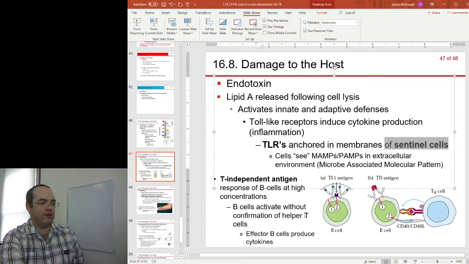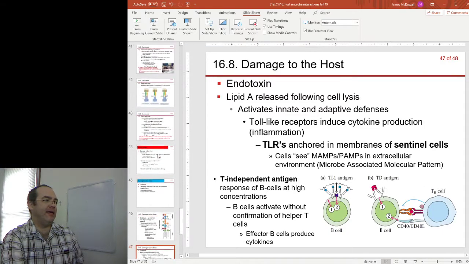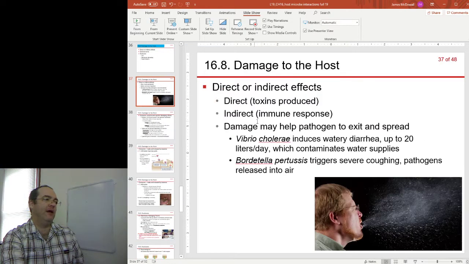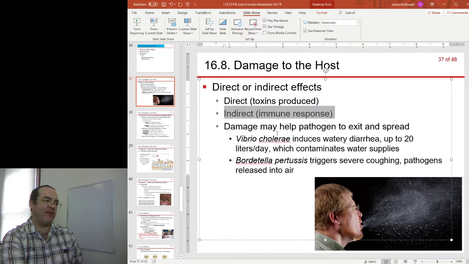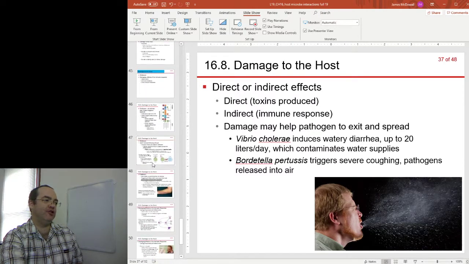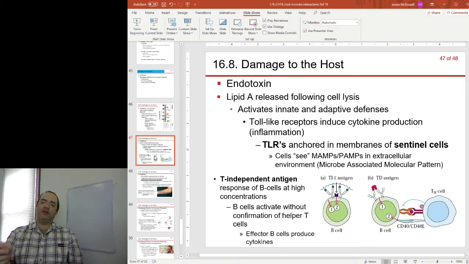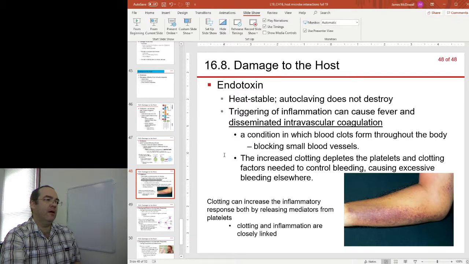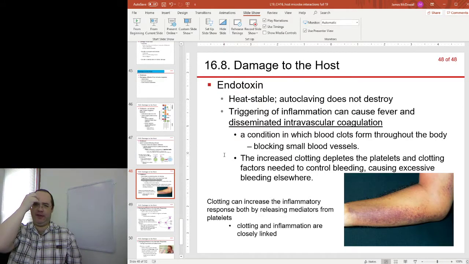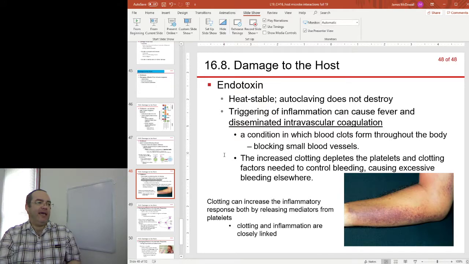So endotoxin is typically a cause of indirect damage. The endotoxin triggers the immune response, and the immune response triggers inflammation. One of the symptoms of endotoxin poisoning is disseminated intravascular coagulation.